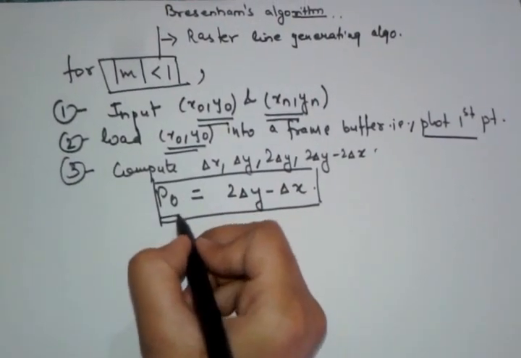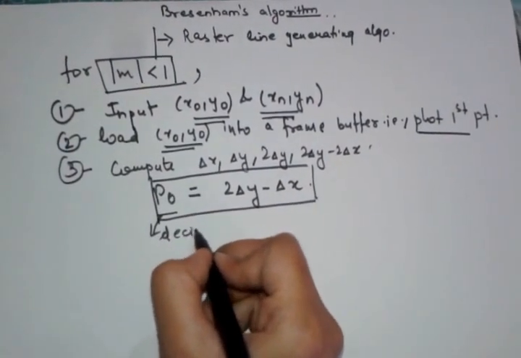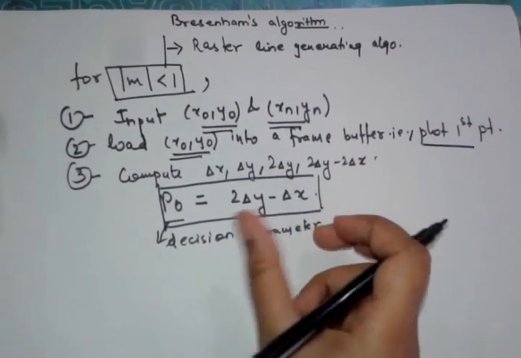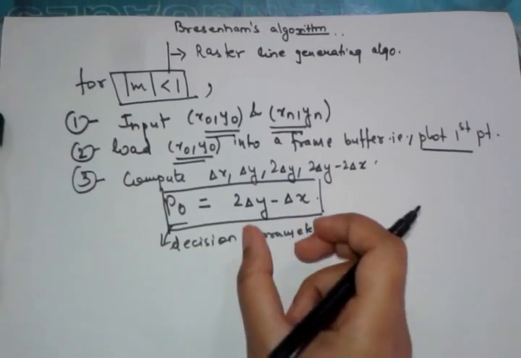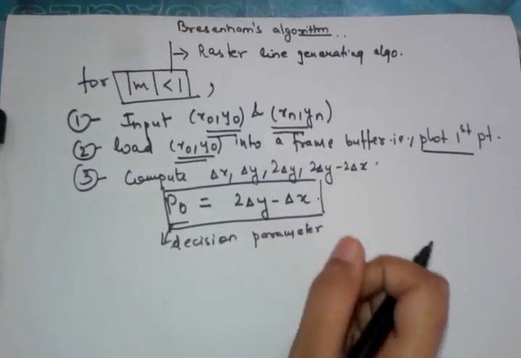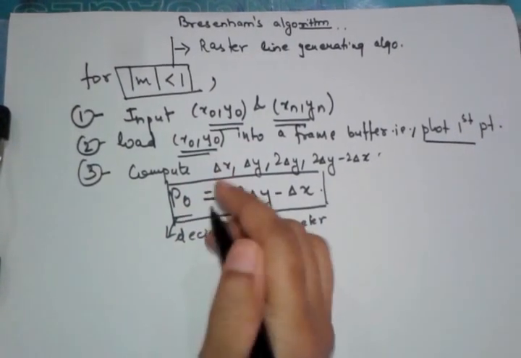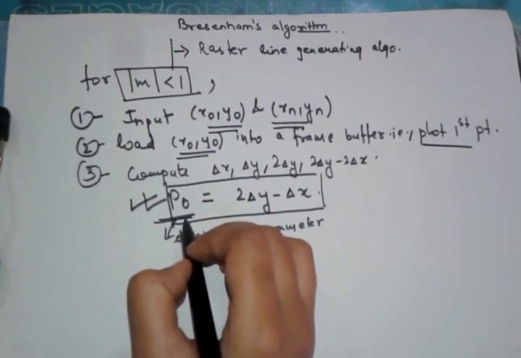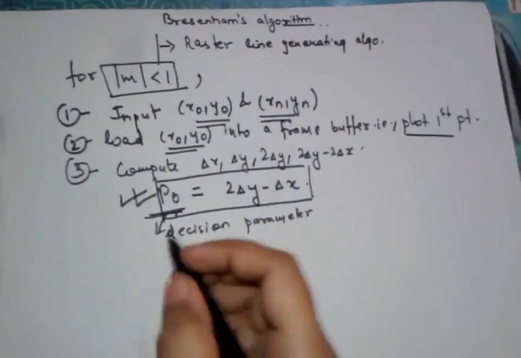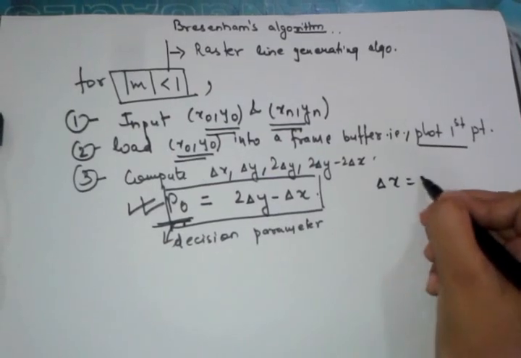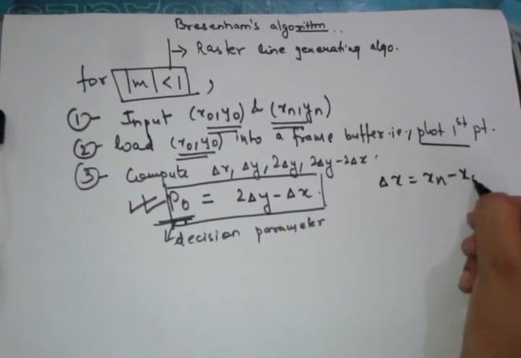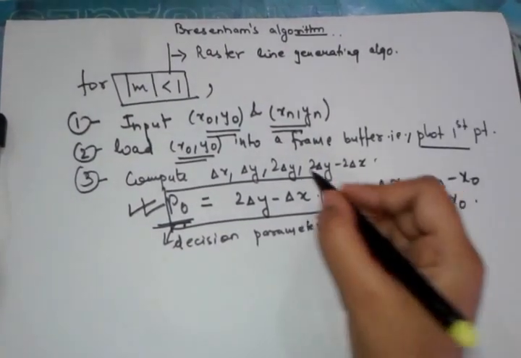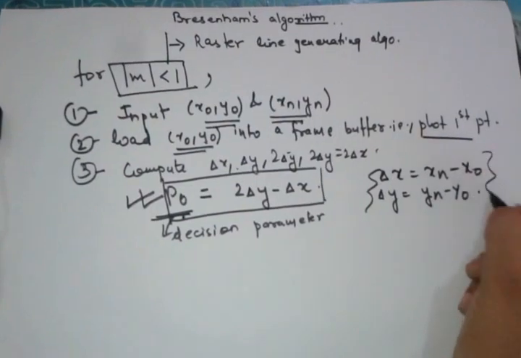Here p0 is a decision parameter, and it decides which block is to be considered. It is very important to calculate the p0 decision parameter at point 0. We know that del x is equal to xn minus x0 and del y is equal to yn minus y0.